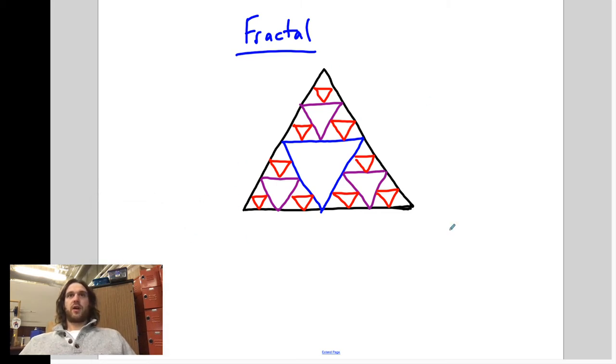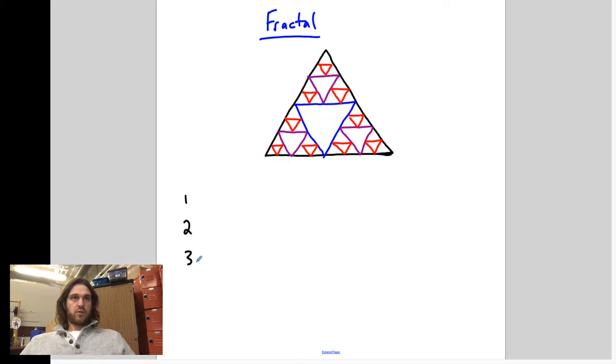We've completed step 3. Step 1, we drew the blue triangle. Step 2, we drew the purple triangles. Step 3, we drew the red triangles, and this process could continue. So this is the step number that we are on.